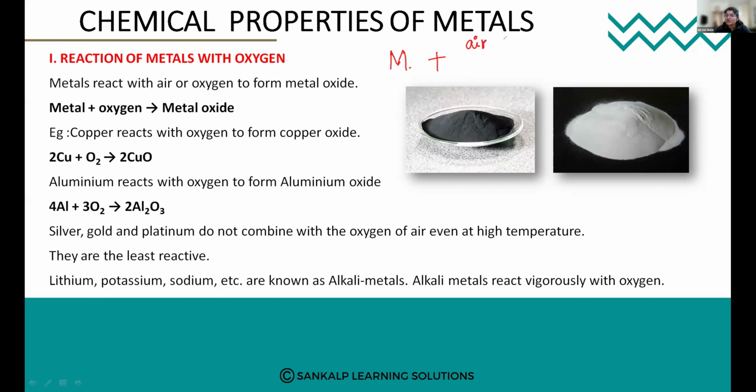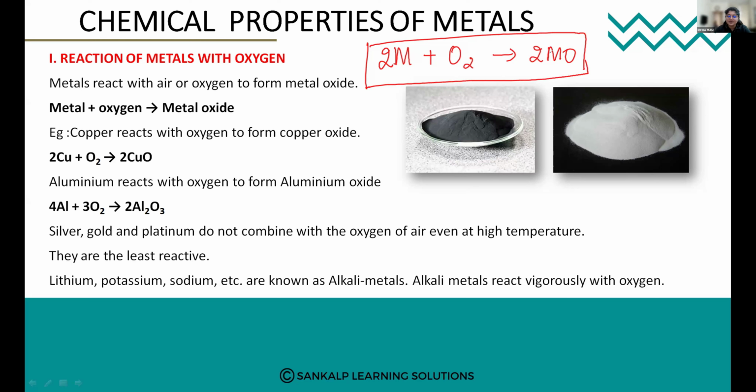Air consists of oxygen. So when you react your metal with air or oxygen, what does it form? It forms metal oxide. So metals, when they react with the oxygen present in the air, form metal oxide. Is it clear?